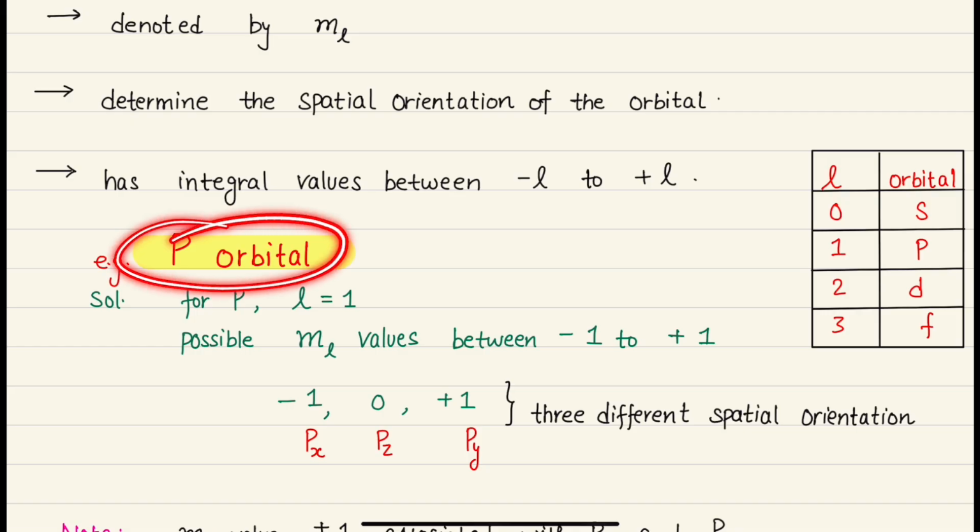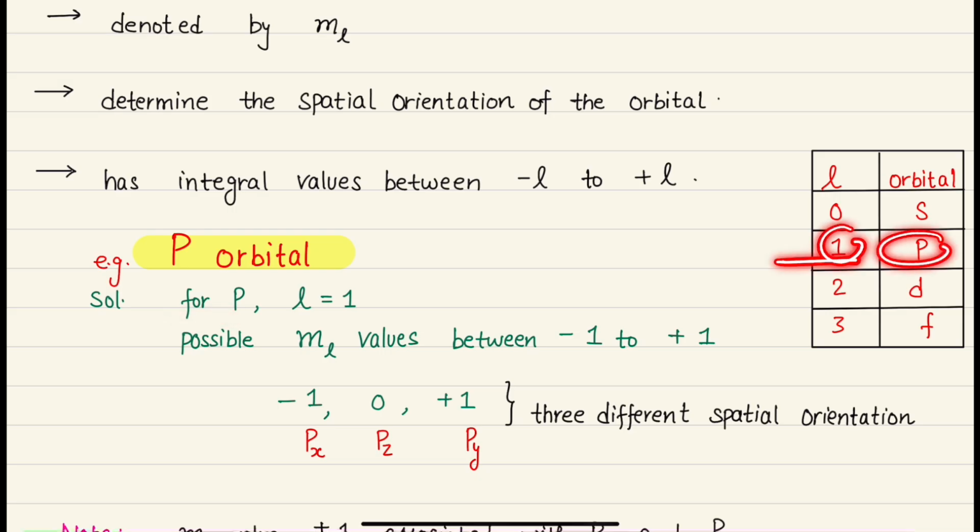Suppose I give you the p orbital and ask what the possible magnetic quantum numbers are. First of all, for the p orbital we know that l equal to 1. The possible ml values are from minus l to plus l, so from minus 1 to plus 1.